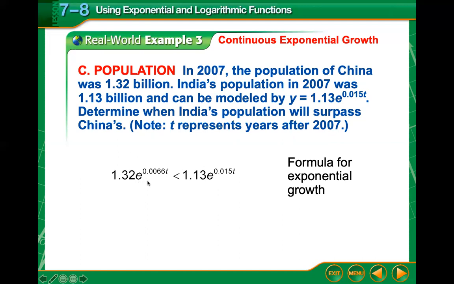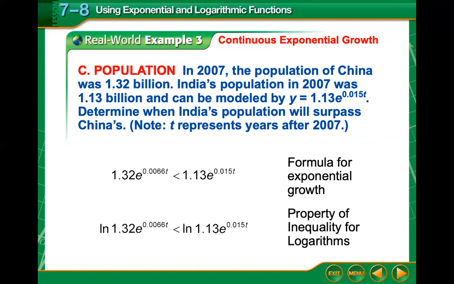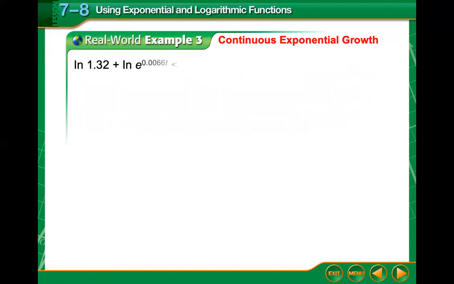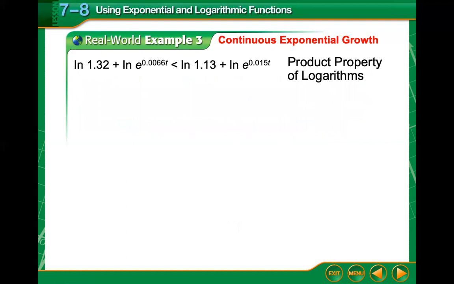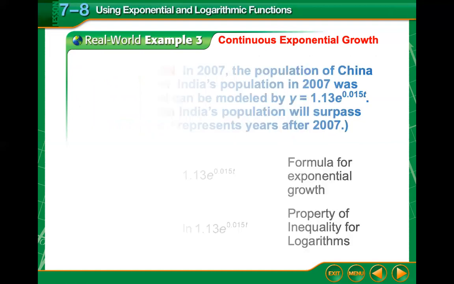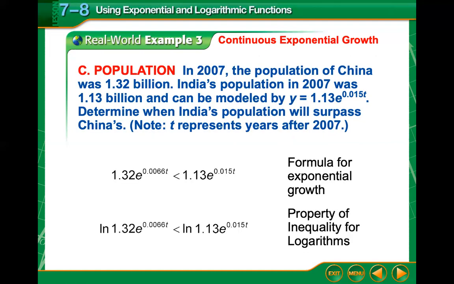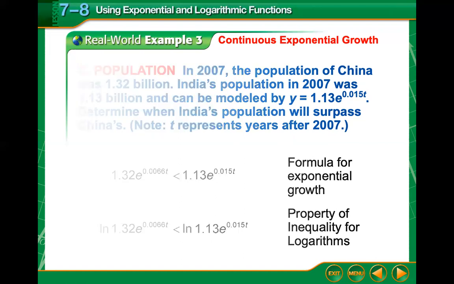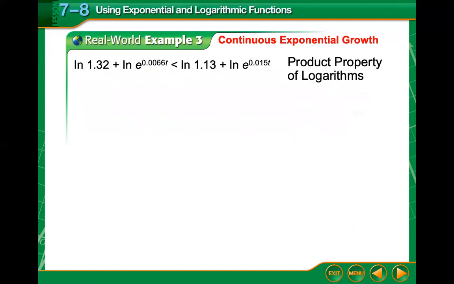So we have 1.32, and they're going to use inequalities here, using the properties of inequalities. We're just going to solve for this.